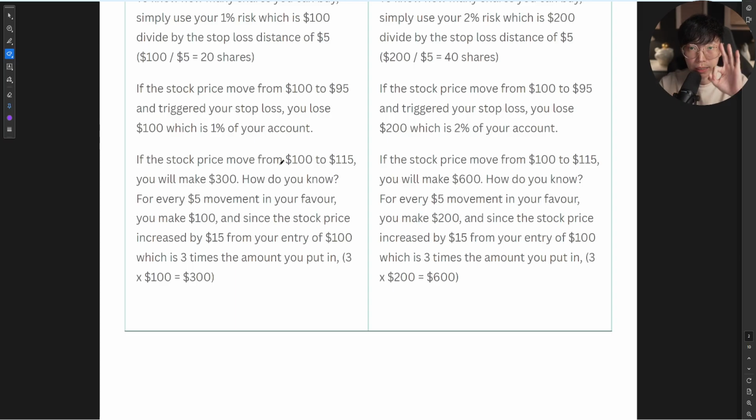So that's like 3 times your risk. So you will be making $300. So over here you can see for every $5 movement in your favor, you will make $100. And since the stock price increased by $15 from your entry of $100, which is 3 times the amount you put in, 3 times $100, you make $300.